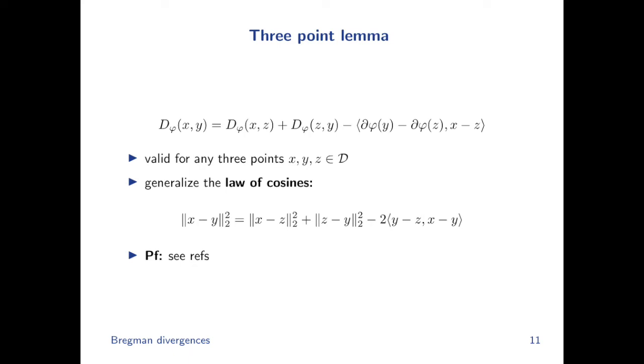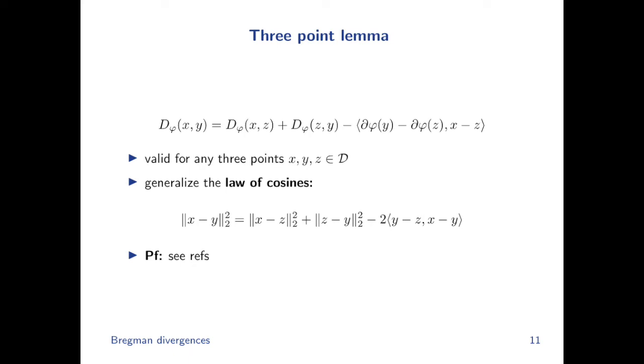The gradient of 1/2 x transpose x is just x. And so if you specialize the definition of the Bregman divergence to this particular base function, you will see that you exactly get the law of cosines. So the Bregman divergence between x and y just becomes the Euclidean norm of x minus y squared.